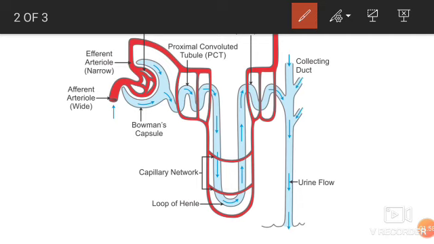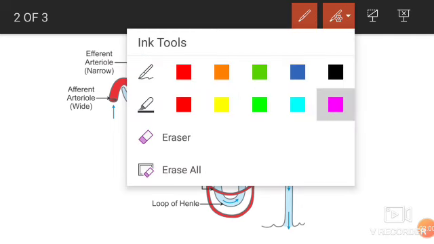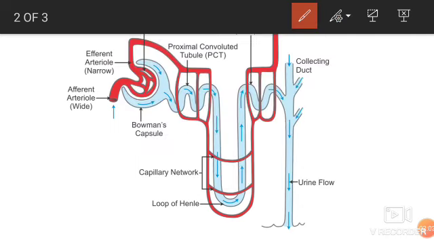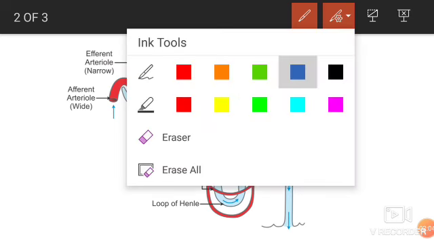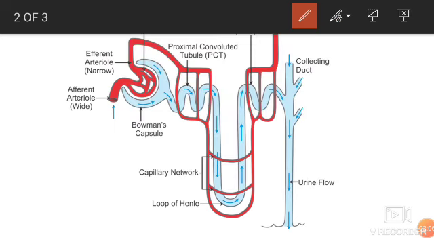Okay, this red thing now, what you see here, is actually the blood vessel. Here in the blood vessel, you can see the afferent arteriole and the efferent arteriole.